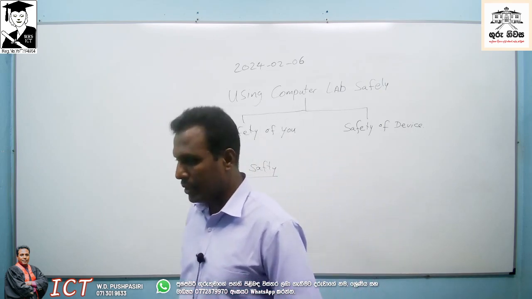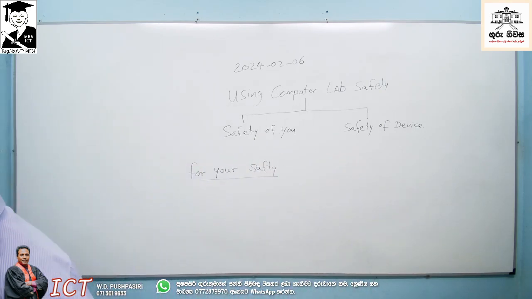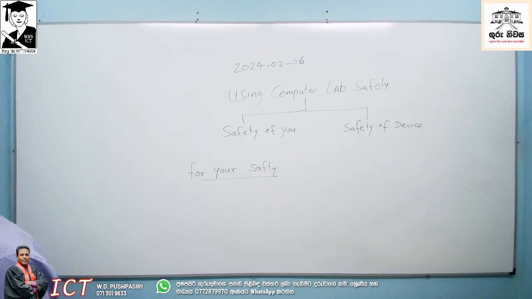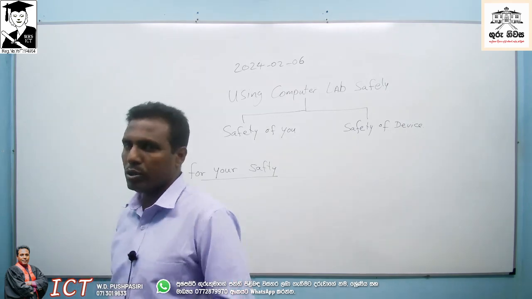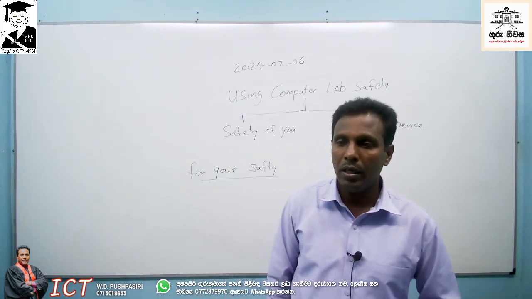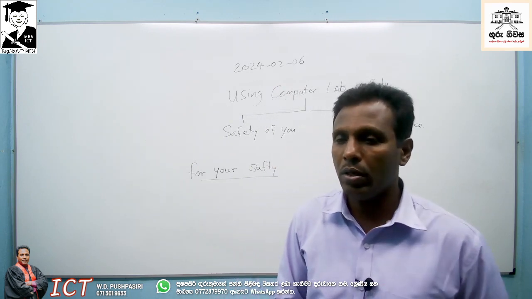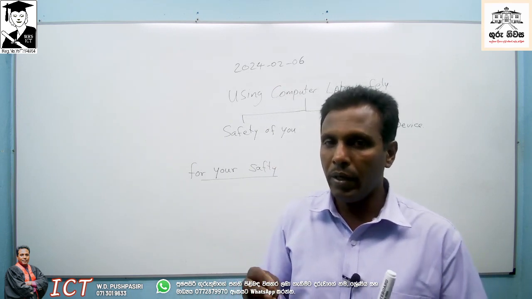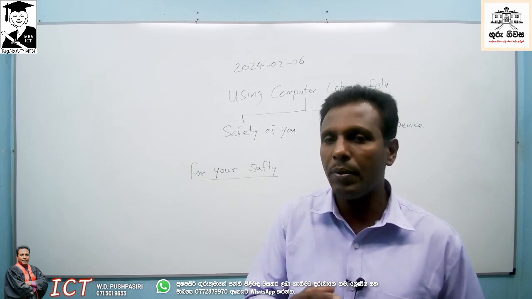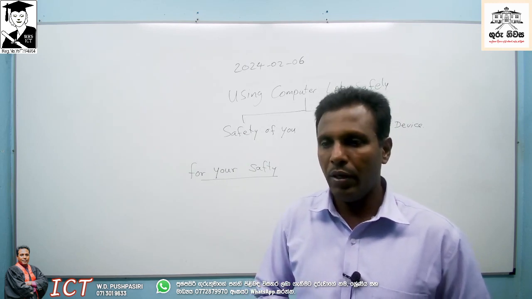In the book it says, I will just read the book: Be careful when you touch devices such as wires and sockets that are connected to electricity. All the devices are working with electricity, right? So when we are touching them, we have to be careful because there can be a leakage of electricity.